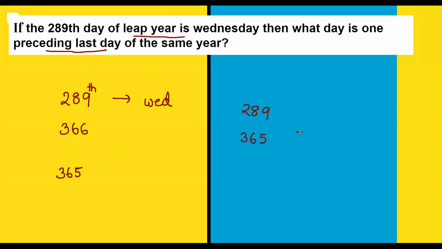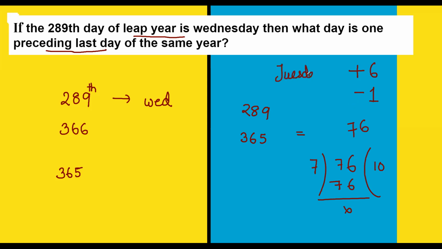We are going to find the difference between these. 76 is the difference. Now divide 76 by 7. The remainder is 6, so plus 6, which is the same as minus 1. So if this is Wednesday, then it will fall on Tuesday.